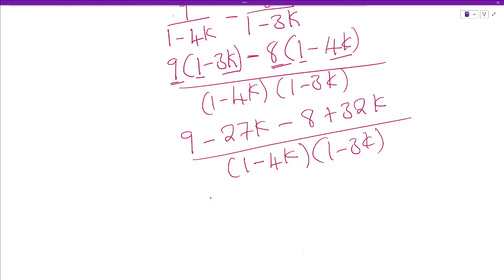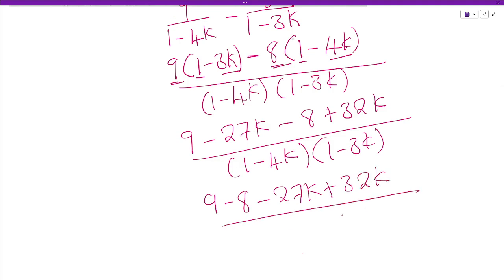Okay, we'll group the like terms. 9 minus 1 minus 8. There's the like terms. Minus 27k plus 32k. Everything over 1 minus 4k, 1 minus 3k. 9 minus 8 gives us a 1.